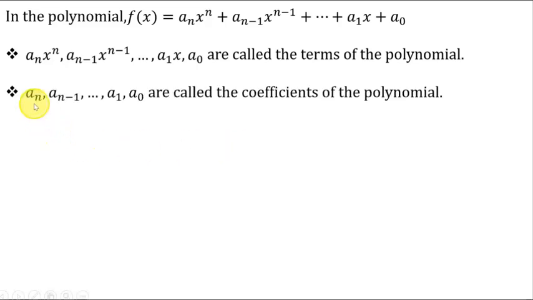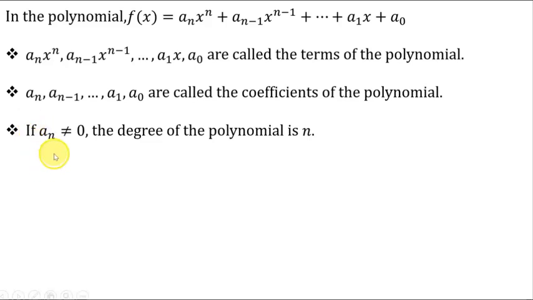Next, a suffix n, a suffix n minus 1 and dash dash a1, a0 are called the coefficients of the polynomial. These are called the coefficients. Okay. If an is not equals to 0, the degree of the polynomial is n.